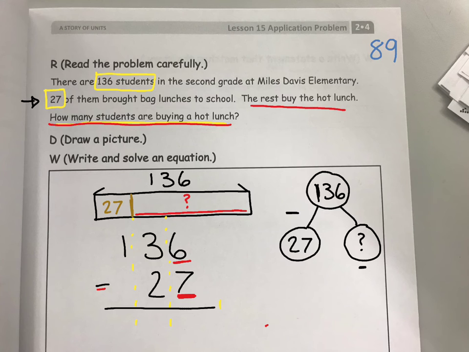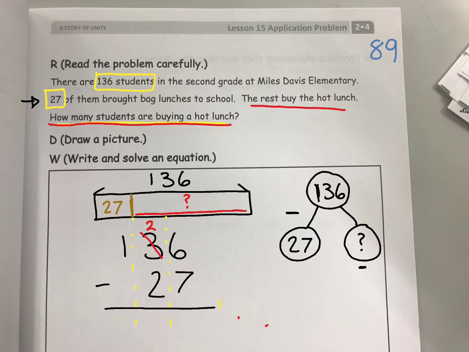You see how 7 is bigger than 6? So when I have more on the floor, I need to go next door and take 10 more. So I'm going to take a 10 out of that 3.